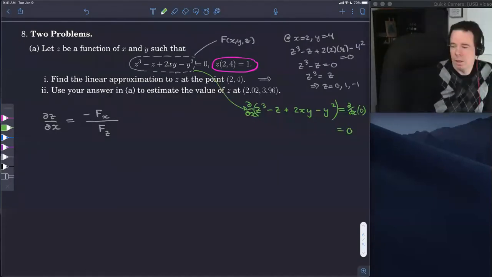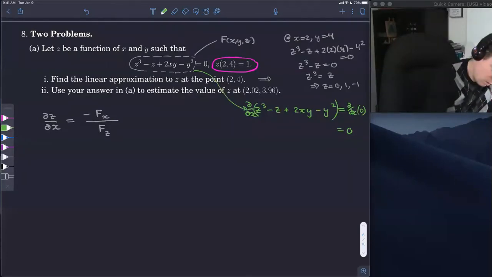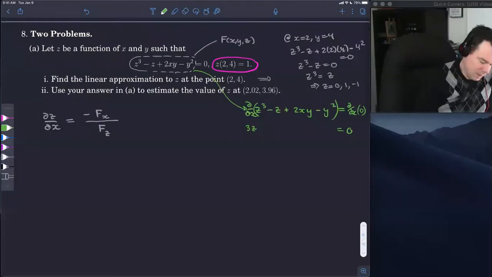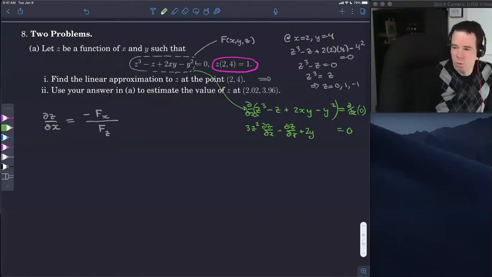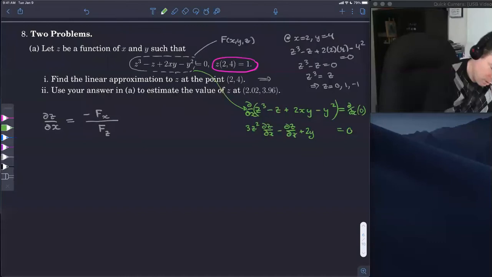What's the derivative of this side with respect to x? We just go through and do the derivative. I'm thinking of z as a function of x, so it's 3 times z squared times dz dx minus dz dx, plus the derivative of this expression with respect to x, which is 2y, and then you do a product rule, but the derivative of y with respect to x is 0, and the derivative of the next piece is also 0.